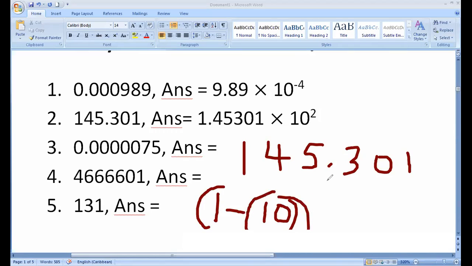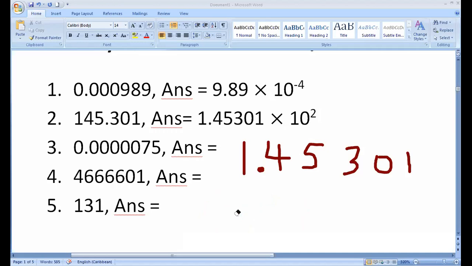If I put the point right here, would it work for the rule? No, because it's still greater than 10. It's 14.5. So the best place to put it is between the 1 and the 4, because then you get 1.45, which is greater than 1. So the rule is what we use here.